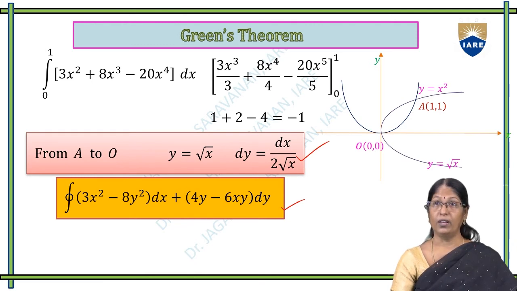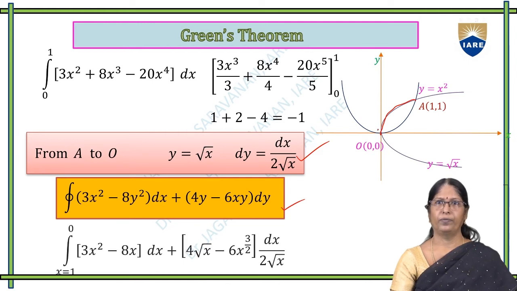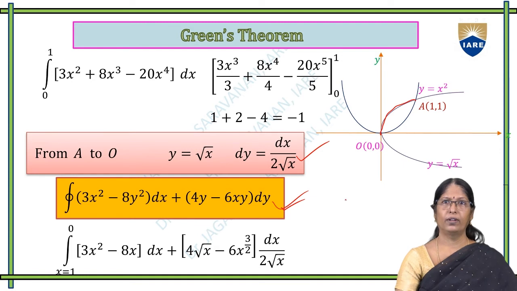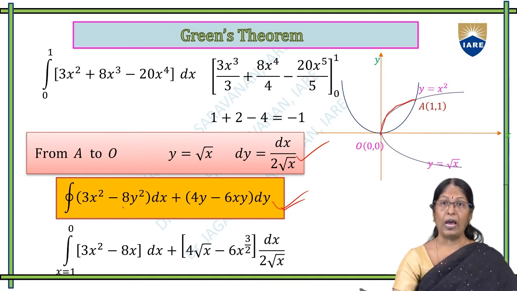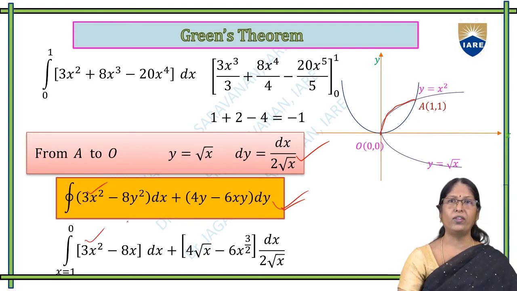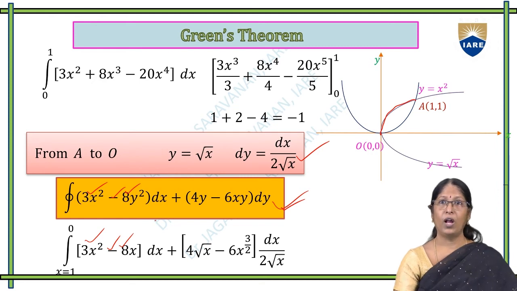Now we are focusing on from A to O. In the function, where the changes are there, I will circle it. This has no change at all, as it is. 8 also is written as it is.